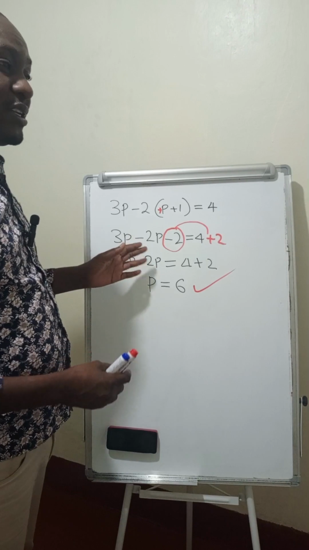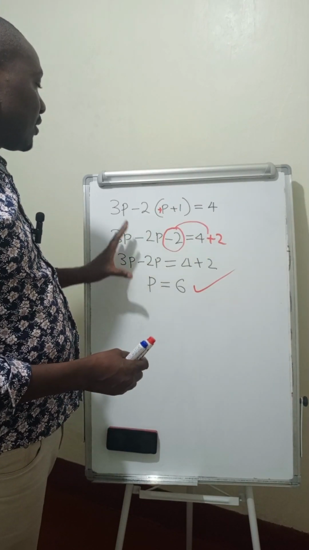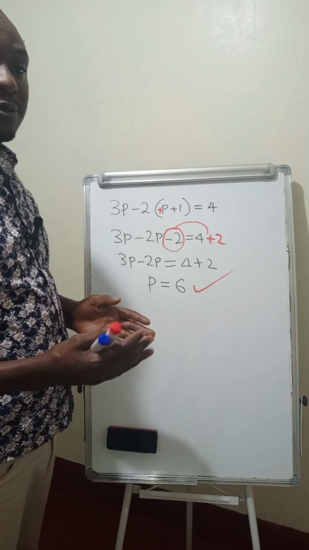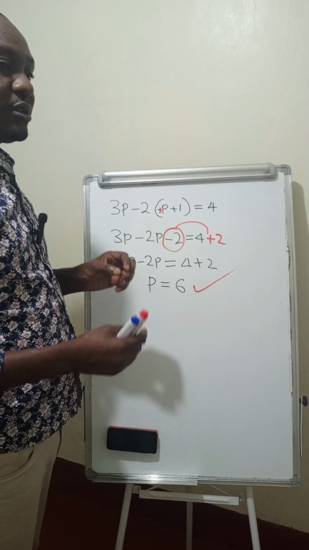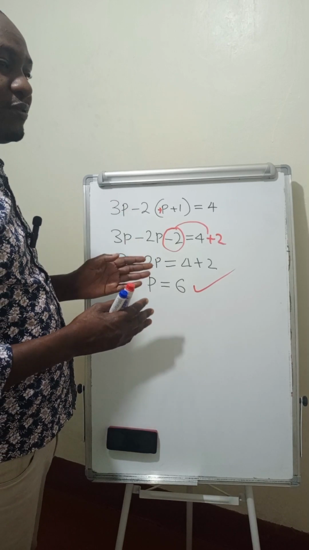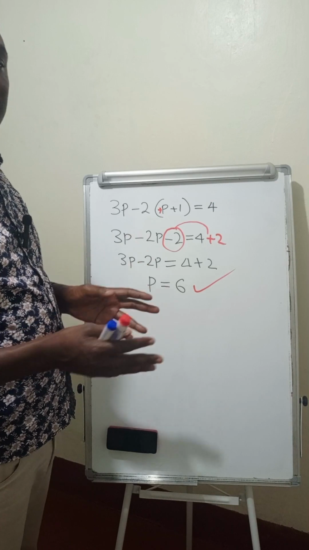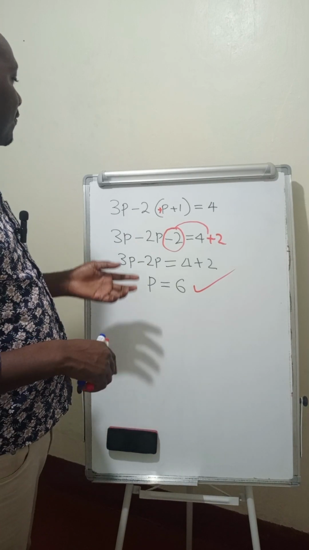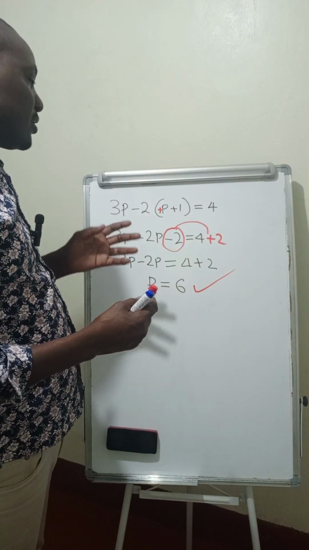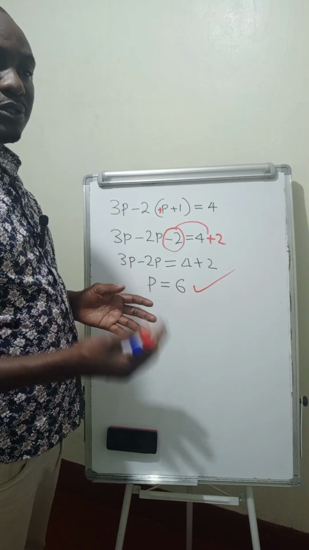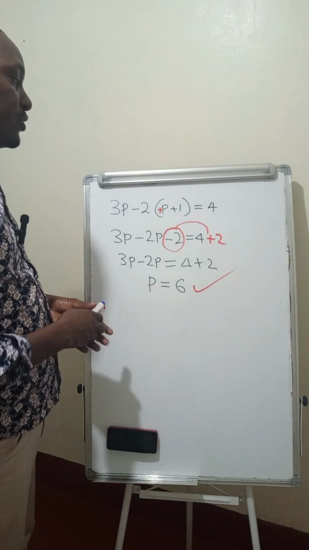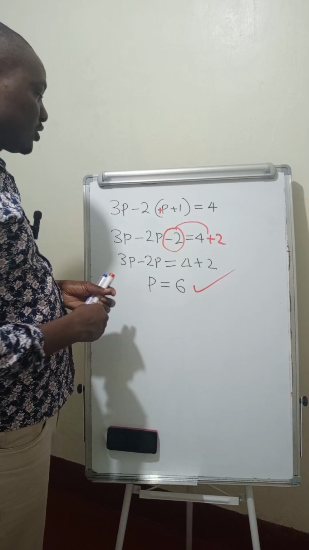Go back to the introduction of algebra, you'll get to know how to work with these signs, where if you multiply or divide same signs, that is a negative and negative number or a positive number and positive number, your answer will always be positive. If you multiply or divide different signs, that is a negative number by a positive number, your answer will always be negative.